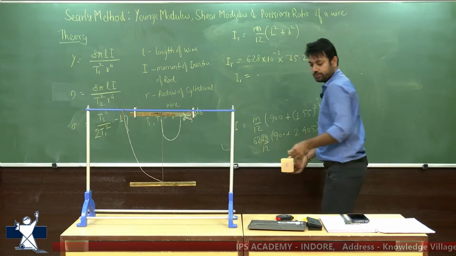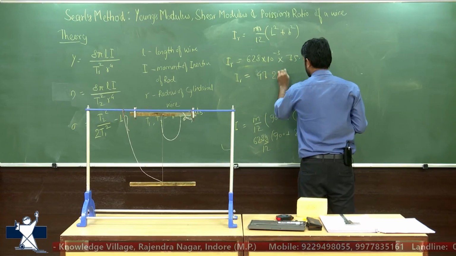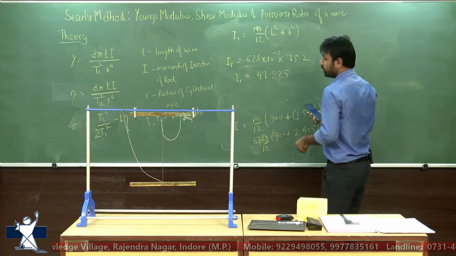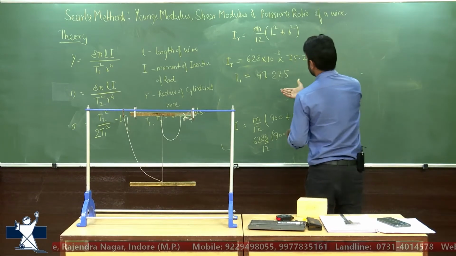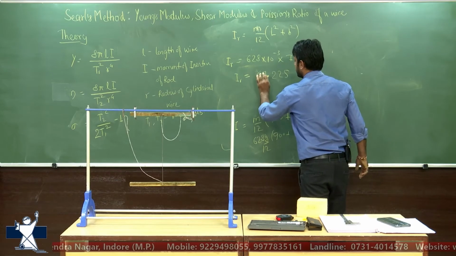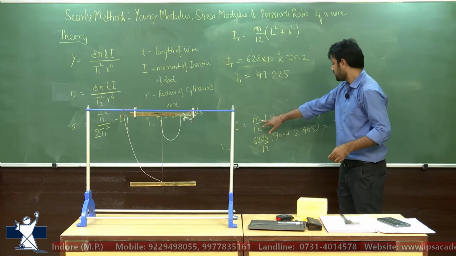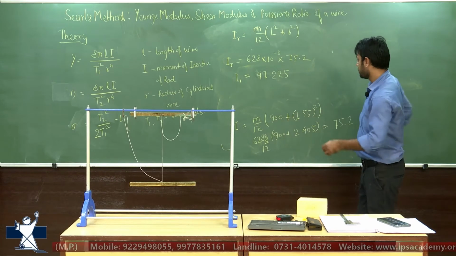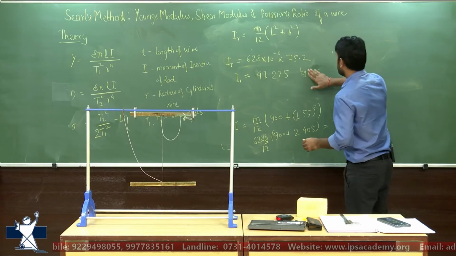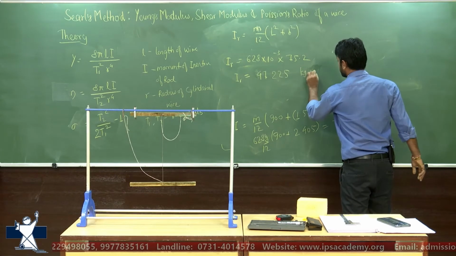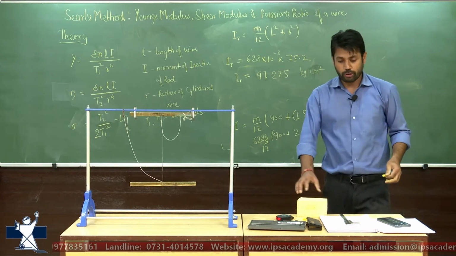I_R will be equal to 47.225, and we always need to remember the unit of the quantities, because without the unit these numbers mean nothing. So the SI unit will be kg for mass, length square should be meter square. So kg meter square, sorry, kg into centimeter square. So we have taken the quantities in centimeters, so this will be centimeter square. Okay. So this is our moment of inertia of the rod.